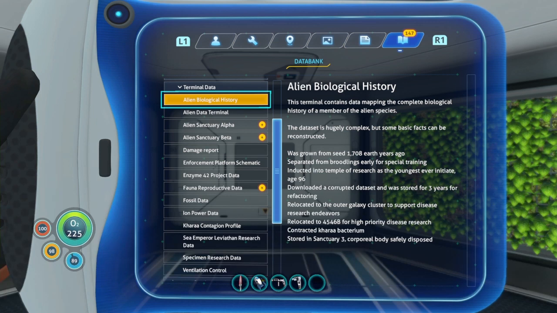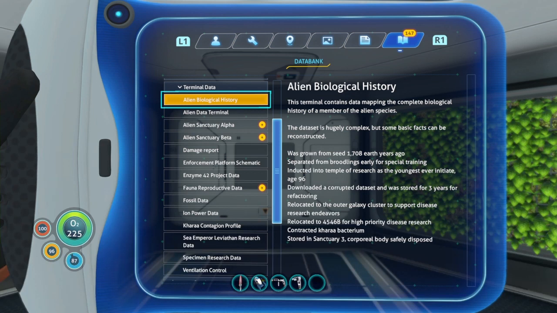Was grown from seed 1,708 Earth years ago, separated from broodlings early for special training, inducted into Temple of Research as the youngest ever initiate at age 96.